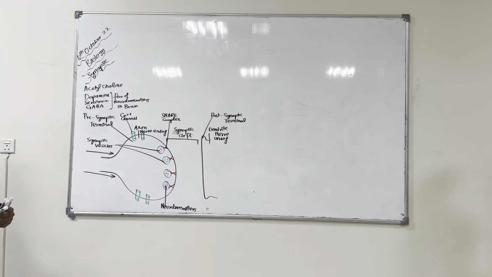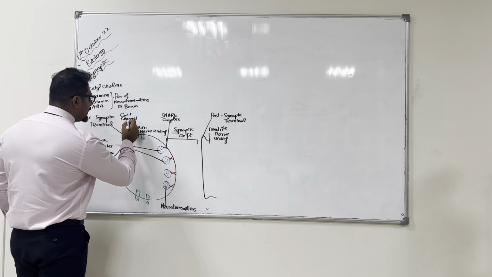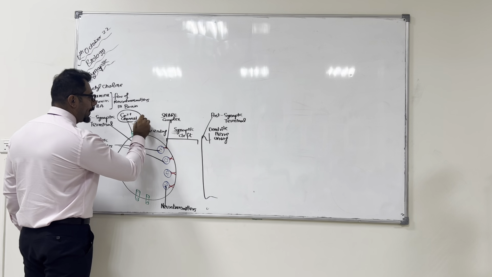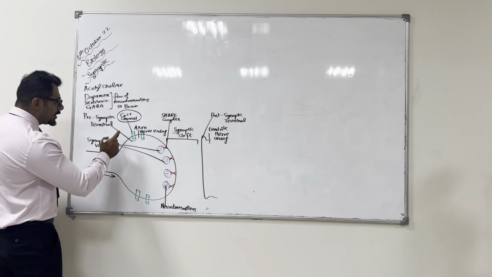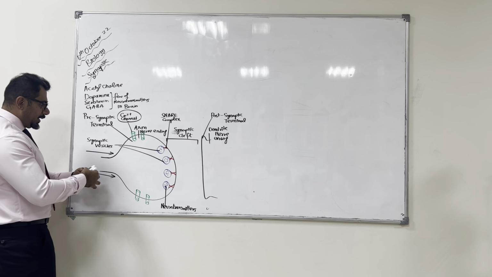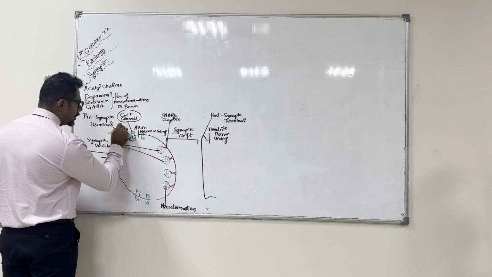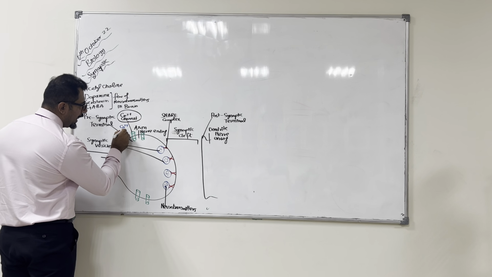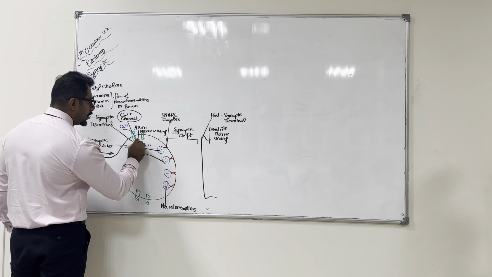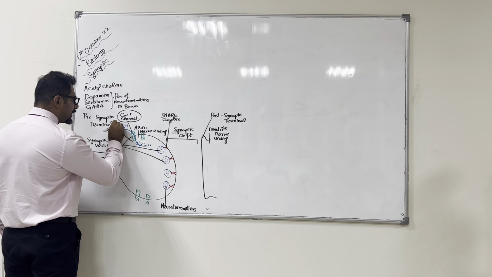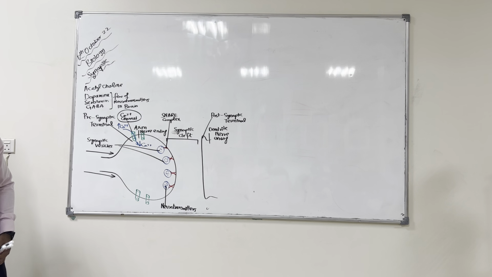So in response to the voltage, these calcium ion channels open. When the calcium ion channels open, what will happen? The calcium from the outside will move to the inside, from higher concentration to lower concentration.